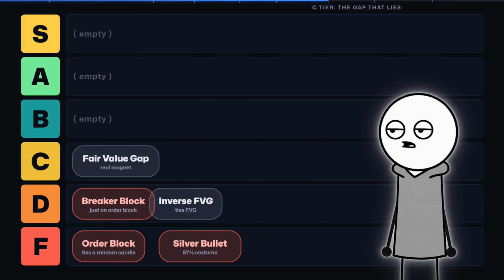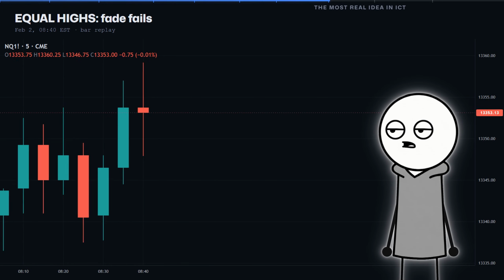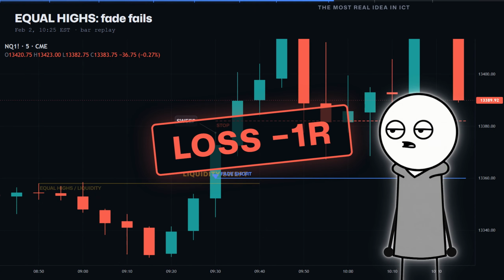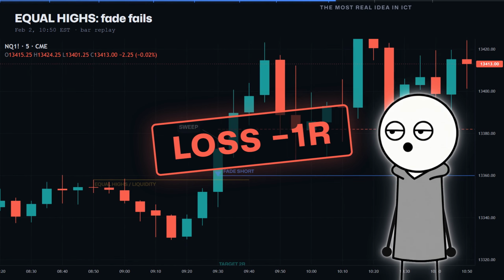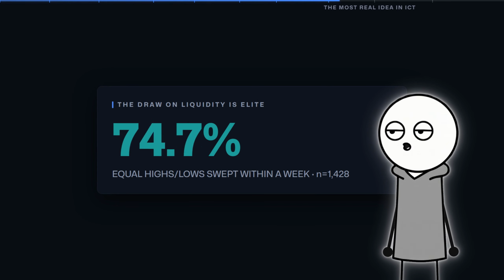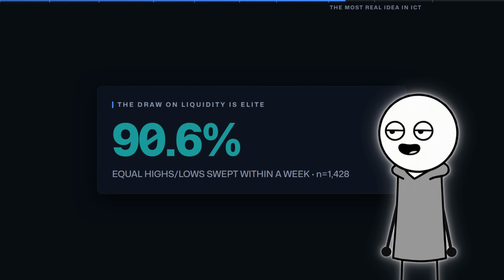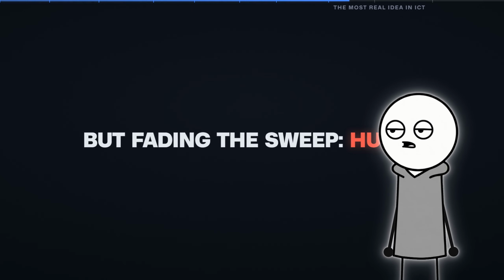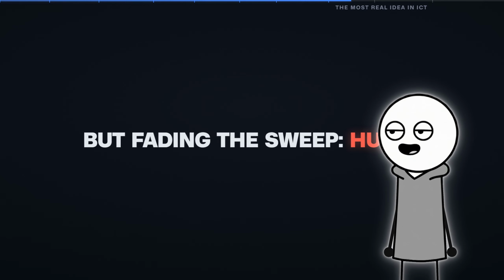C tier. Same story, bigger. Liquidity. The draw on liquidity is the single most real predictive idea in all of ICT. Equal highs, equal lows, those resting stops. We found over 1,400 clean pools, and price came back and swept them 90.6% of the time within a week, 78% within a single day.